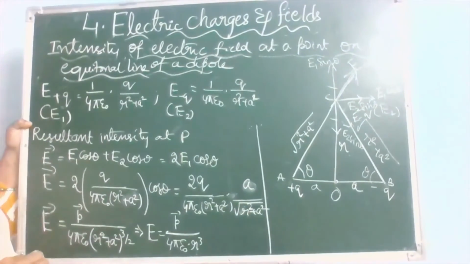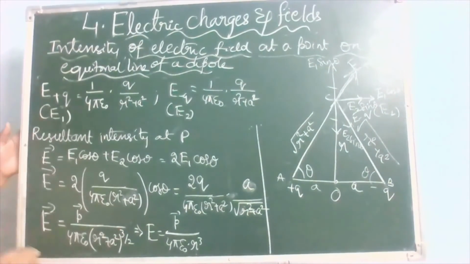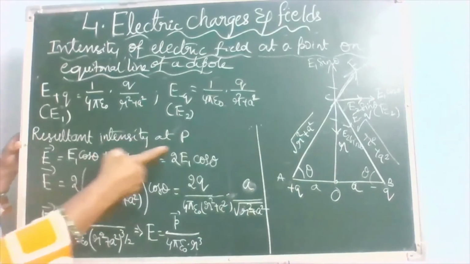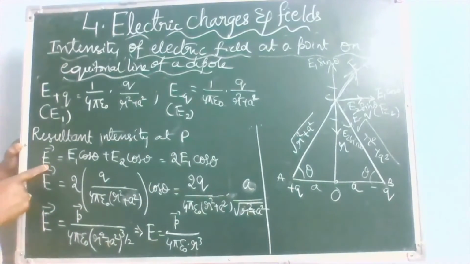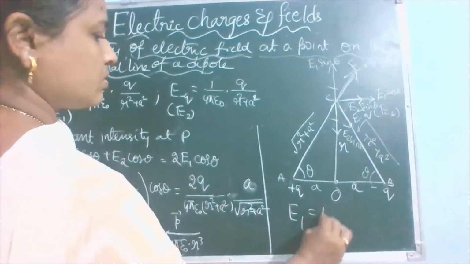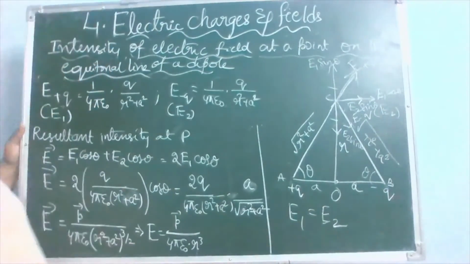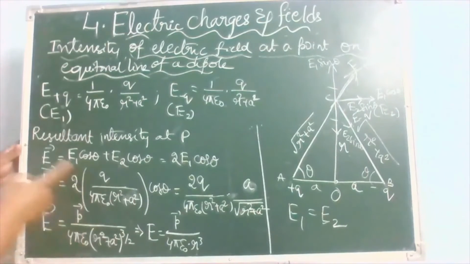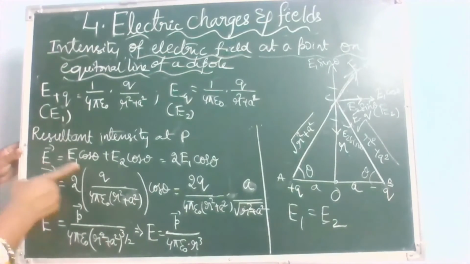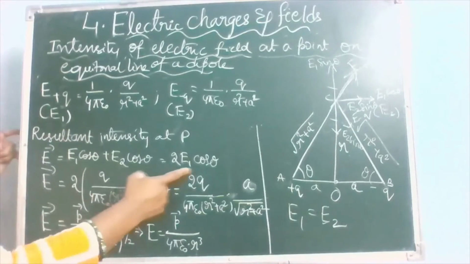The resultant electric field intensity at P will be E equals E1 cos theta plus E2 cos theta. But here actually E1 equals E2, because these two magnitudes are equal. So E equals E1 cos theta plus E2 cos theta, that is 2 E1 cos theta.